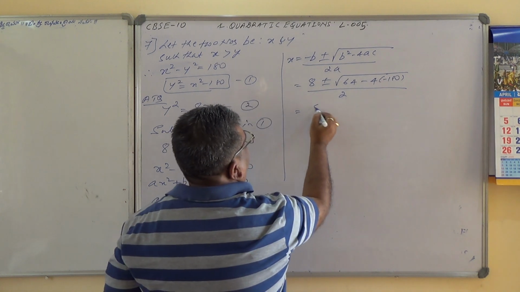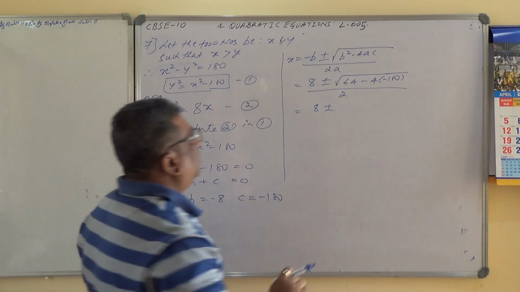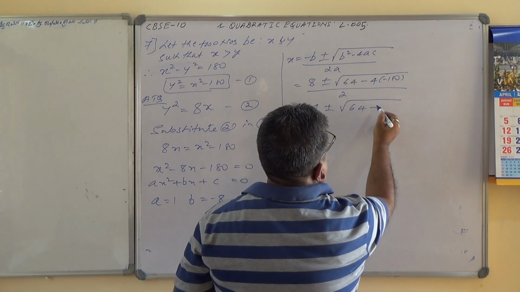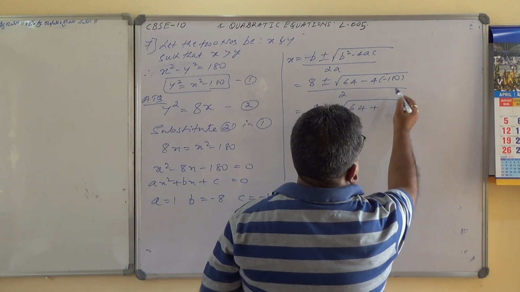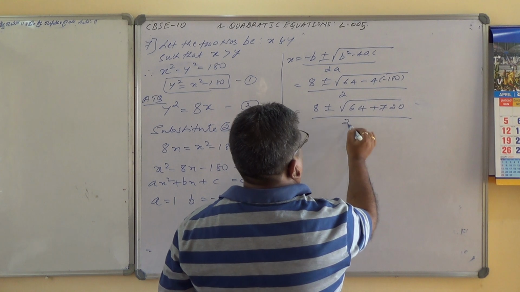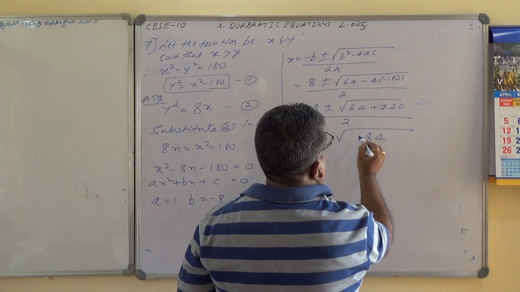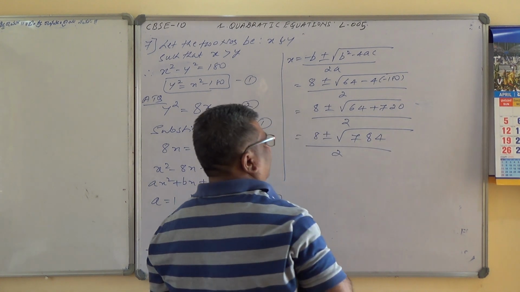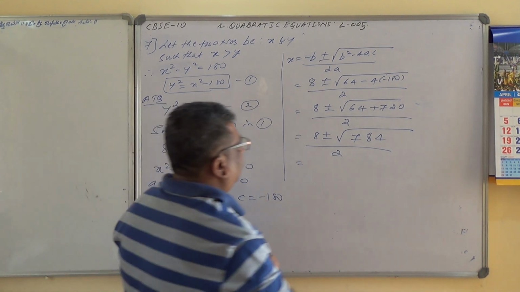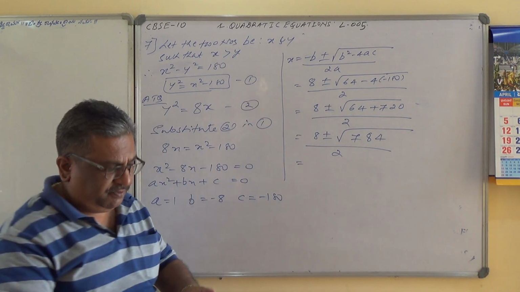So 8 plus or minus under root of 64 plus 720, divided by 2, which equals 8 plus or minus under root of 784, divided by 2. Can we increase the fan speed? Now, what is the square root of 784?